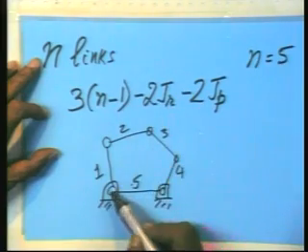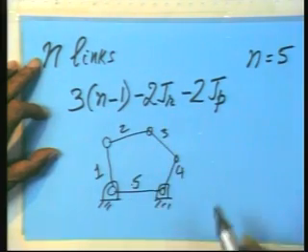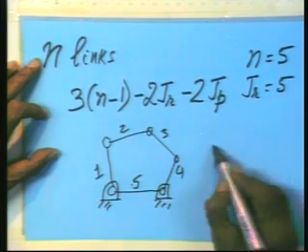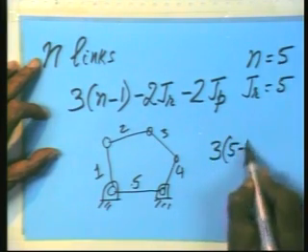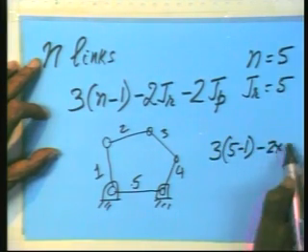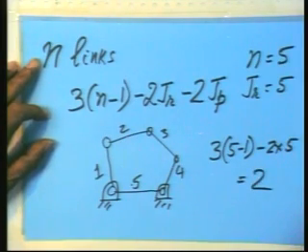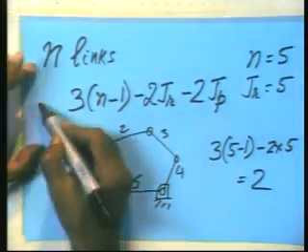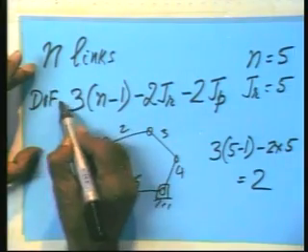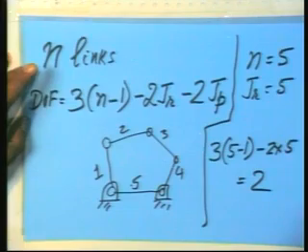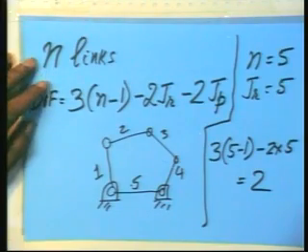Then there are 1, 2, 3, 4, 5 revolute pairs, JR equal to 5. So when I compute 3 into 5 minus 1 minus 2 into 5, I get the number of degrees of freedom available.